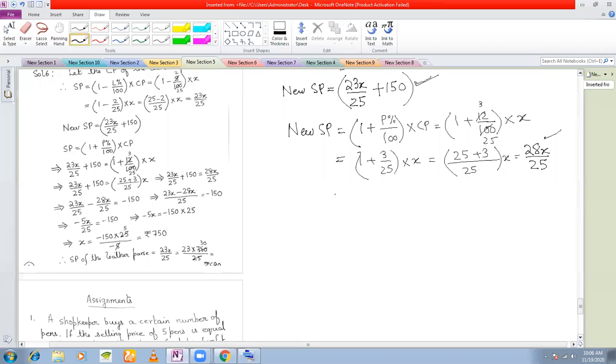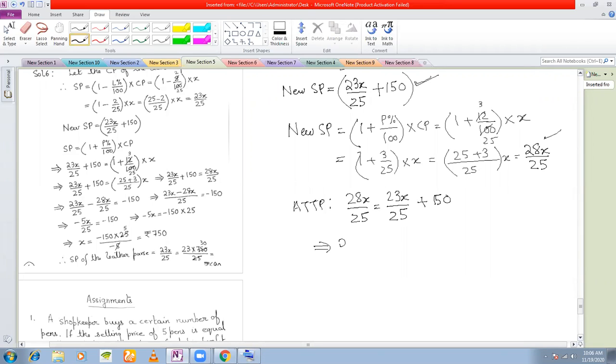Now the new selling price is this, and the new selling price is also this, right? So both of them must be equal. So according to the problem, 28x by 25 must be equal to 23x by 25 plus 150. Now you solve this equation and get your answer. How will you solve it?